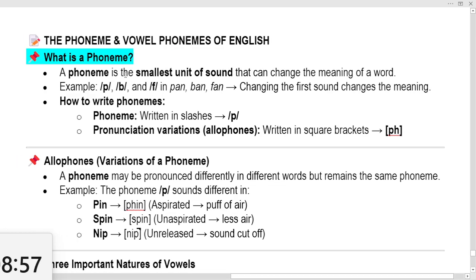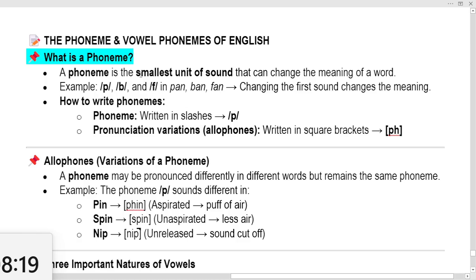A phoneme is the smallest unit of sound that can change the meaning of a word. For example, we have the letter P, the letter B, and F, in pan, ban, fan. Changing the first sound changes the meaning, right? We have the same "an" ending, but then we change the smallest unit of sound, which is p, then b, and then f, which changes the meaning of the word.